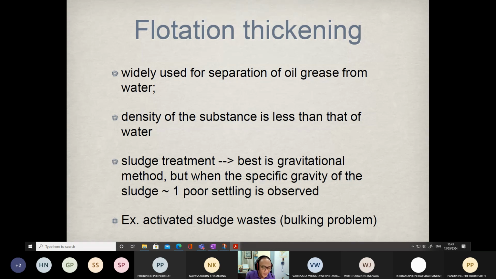One, the conventional one, is the gravity thickener, and then we have one more, flotation. For flotation, we basically use this unit operation when the specific gravity of the sludge is approximately 1, or when sludge with poor settling is observed, especially the sludge obtained from the activated sludge process.